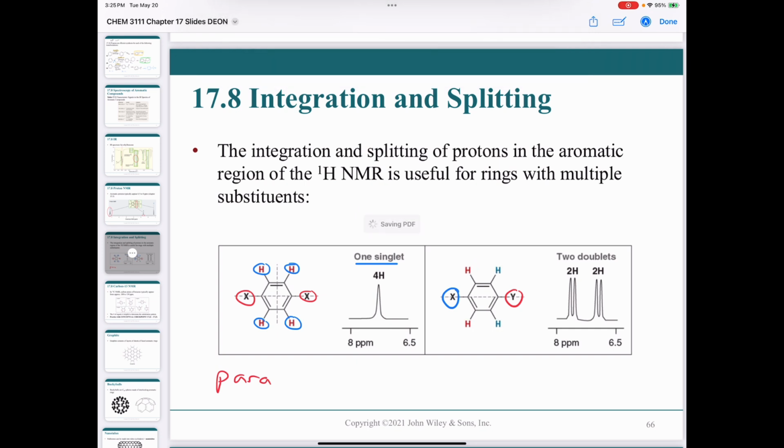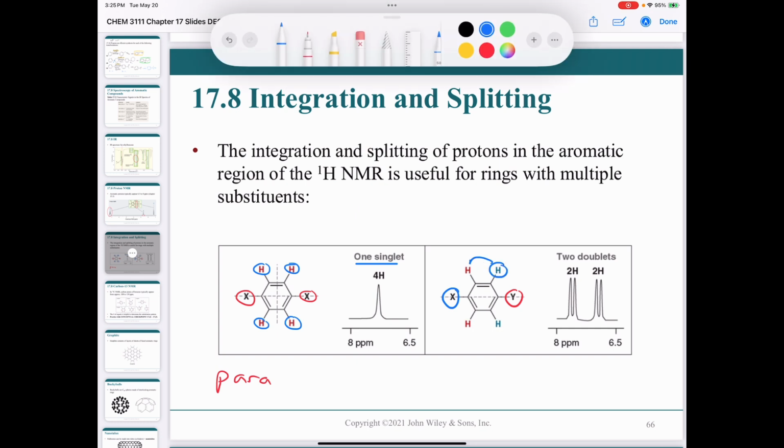And this proton is split by this one, and so we see a doublet. So we see 2 doublets that integrate for 2 protons. So when we see this, it means we have a para-substitution, but with 2 different substituents. Also, oftentimes, these 2 doublets can be leaning in towards each other. Forgive my bad artistry, but sometimes they can be leaning in towards each other like that.